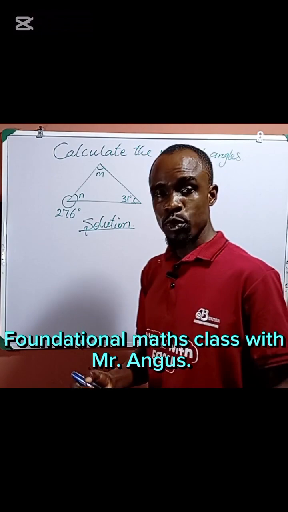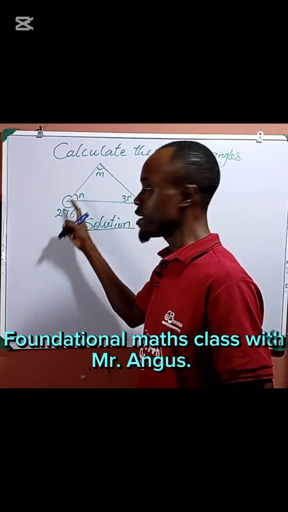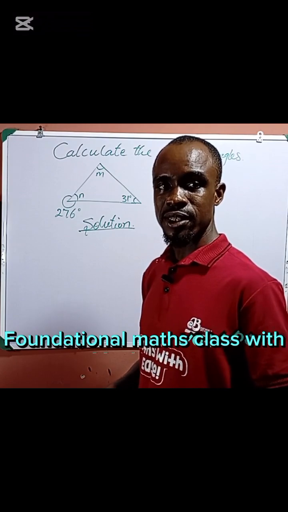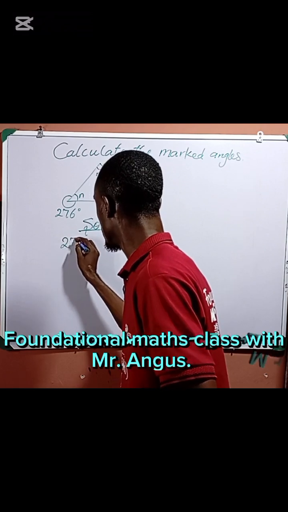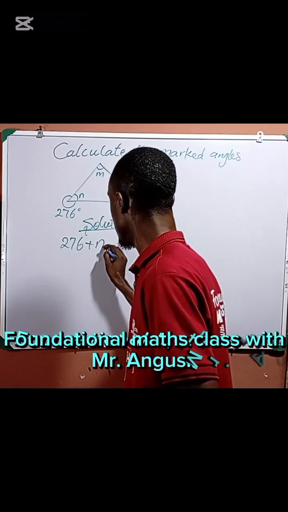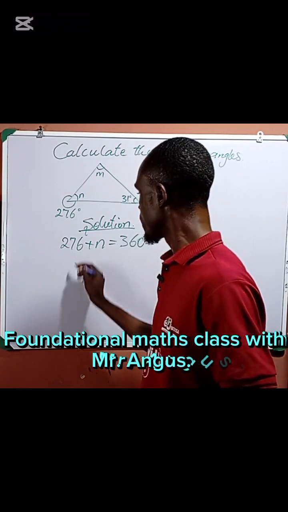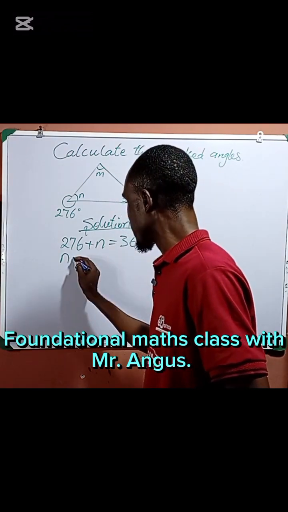With this simple clue, you can now do N plus 276 and equate it to 360 degrees, which is the sum of the angles at a point. Therefore we have 276 plus N is equal to 360 degrees. Now what do you need to do next? We need to collect the like terms.